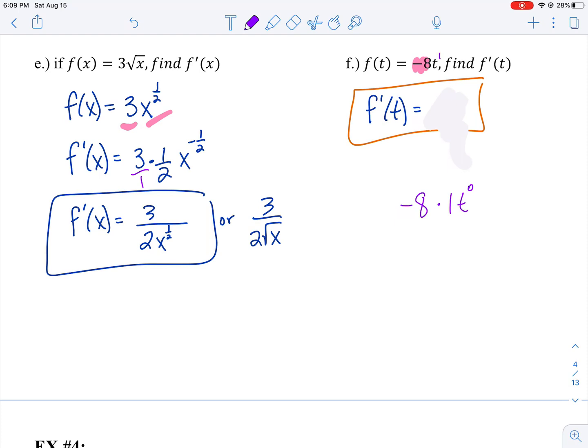All right. But what is anything to the 0 power? What is t to the 0 power? Well, hopefully you remember that anything to the 0 power is just 1. So what I really have is negative 8 times 1, which is really just negative 8. So the derivative of negative 8t is just negative 8.